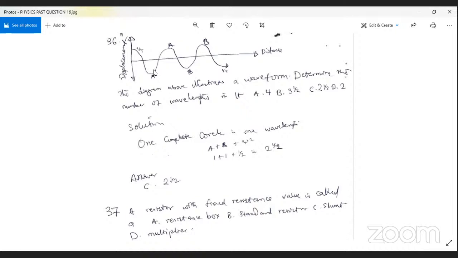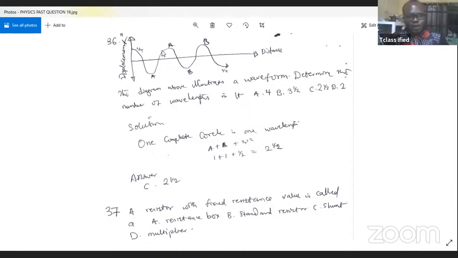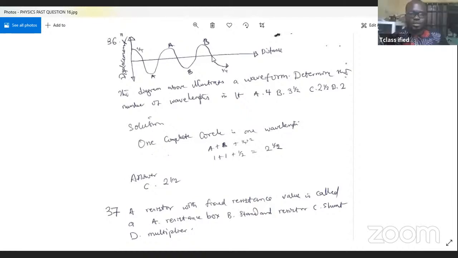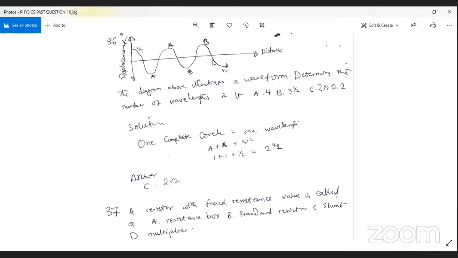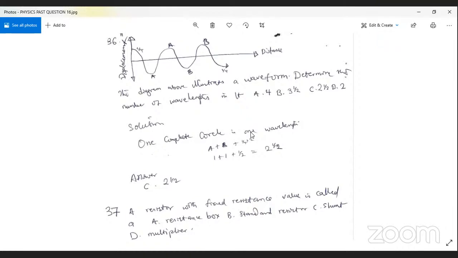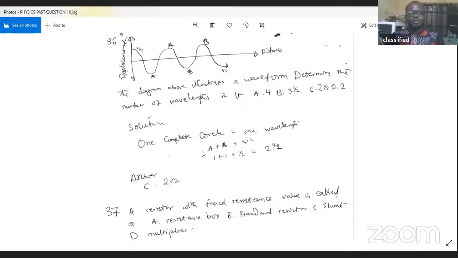It must curve fully like this to be half. Then if you curve again, it becomes one full wavelength, which is a complete circle. This one also, half of B, half of another one, that's another complete circle. But you have this here as a quarter because it did not reach half. So you have this quarter plus this quarter, making it half. So we have 2.5. Okay, so I understand now. Okay, let's move on.